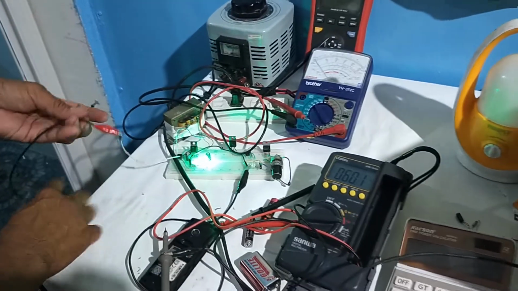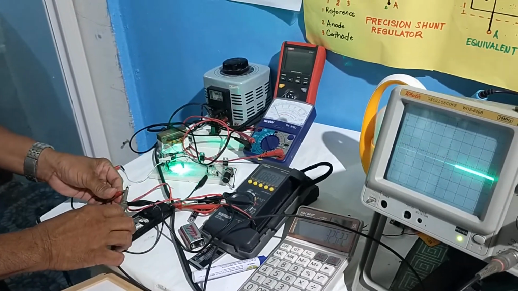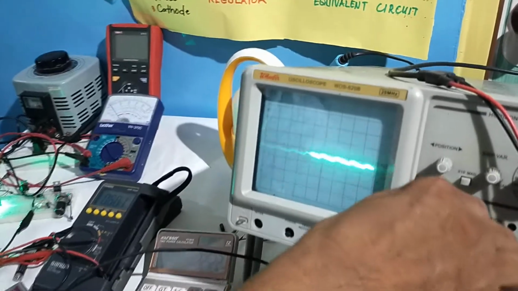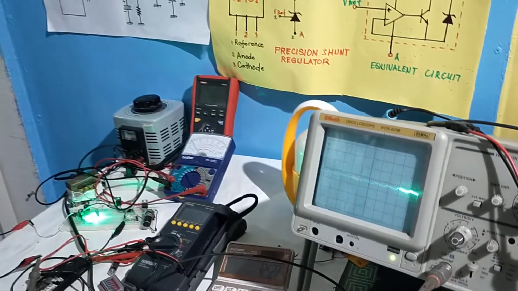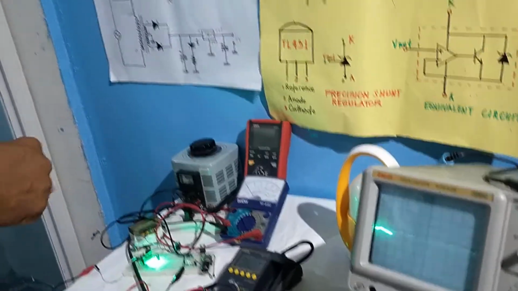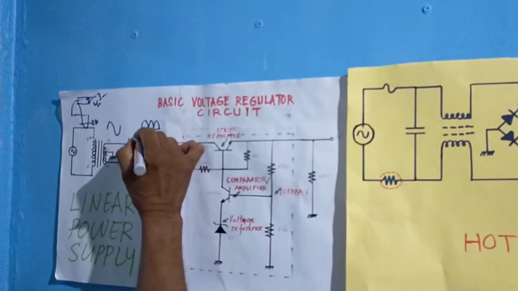So, let us connect the oscilloscope to determine the waveform. It is going like this. This capacitor now will smooth out the pulsation.